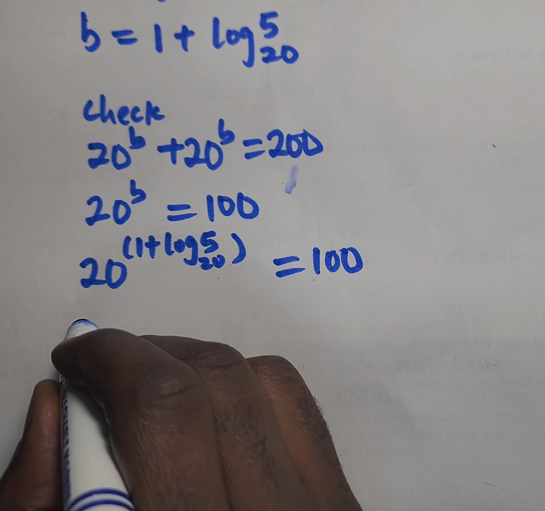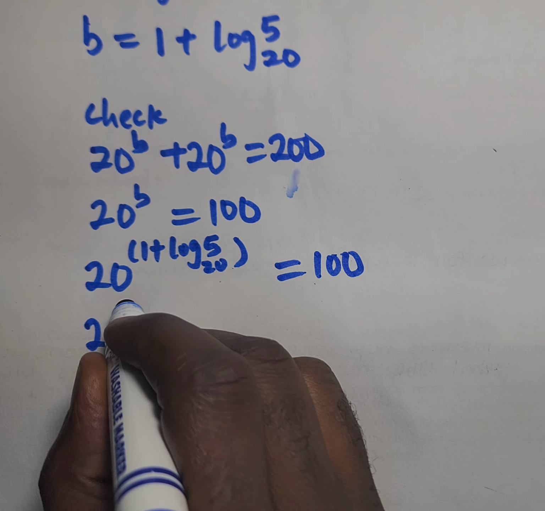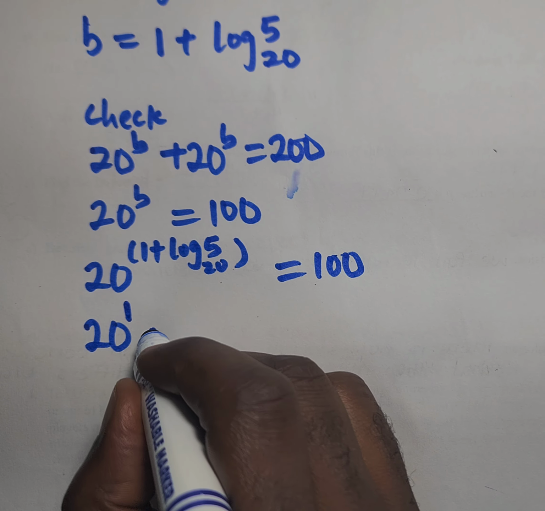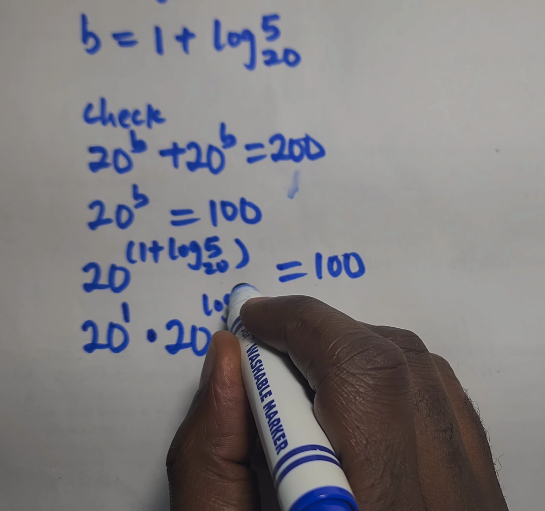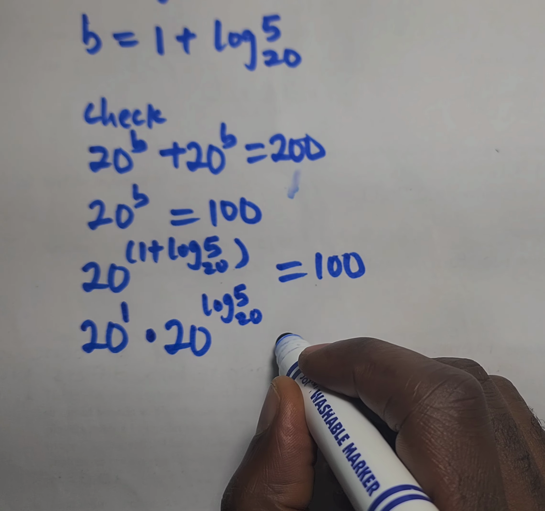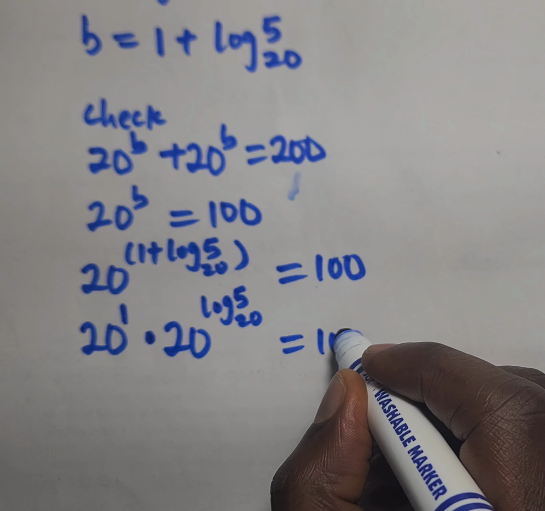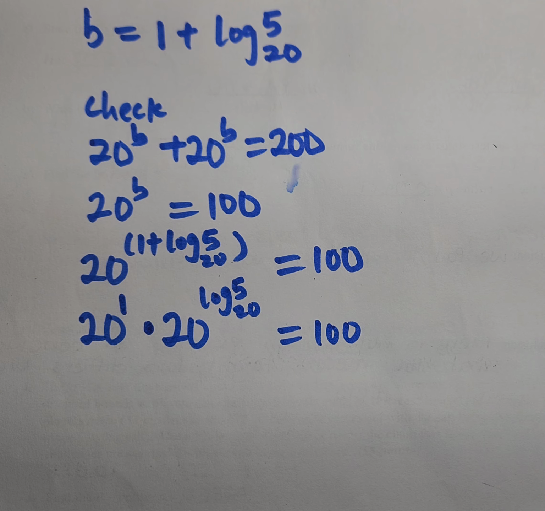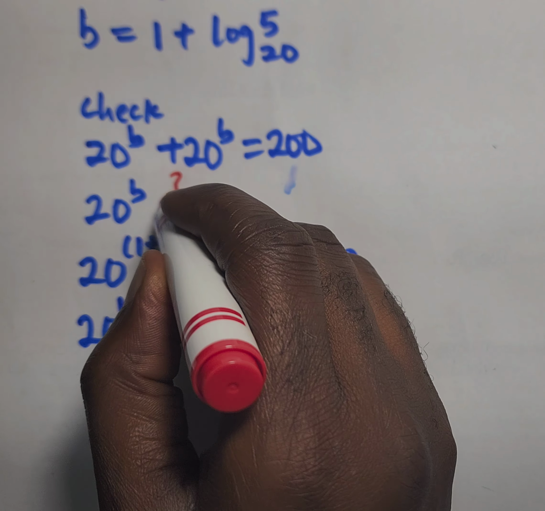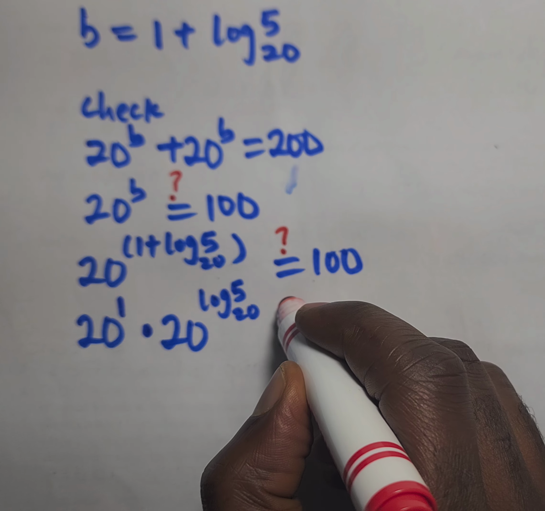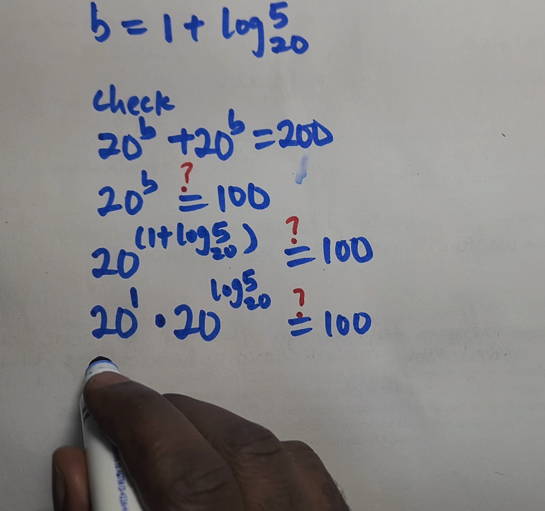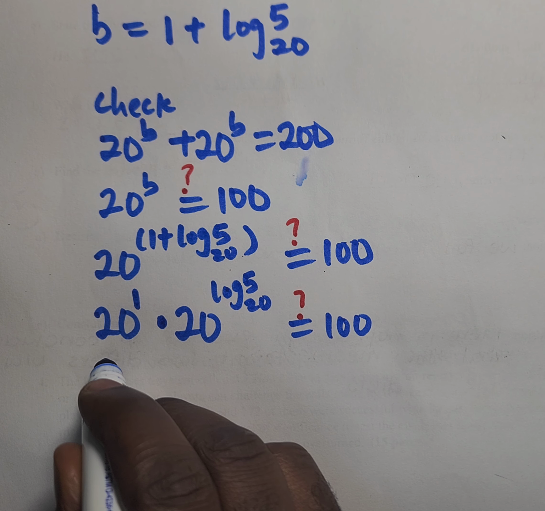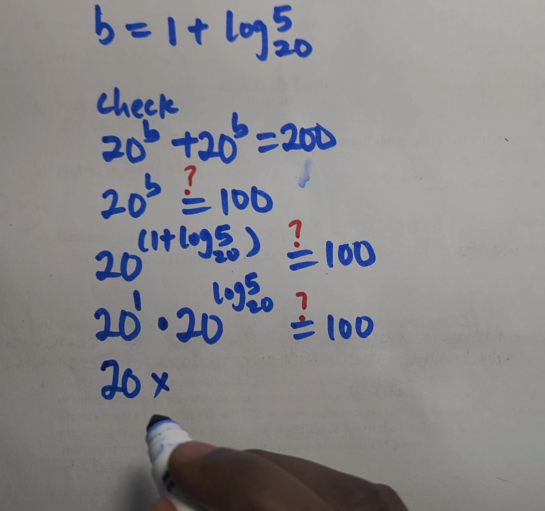So here we have 20 to the power of 1 multiplied by 20 to the power of log 5 base 20. We want to see if this equals 100, so I'm going to put a question mark. We want to confirm if this is actually true. Here, 20 to the power of 1 is actually 20 times.